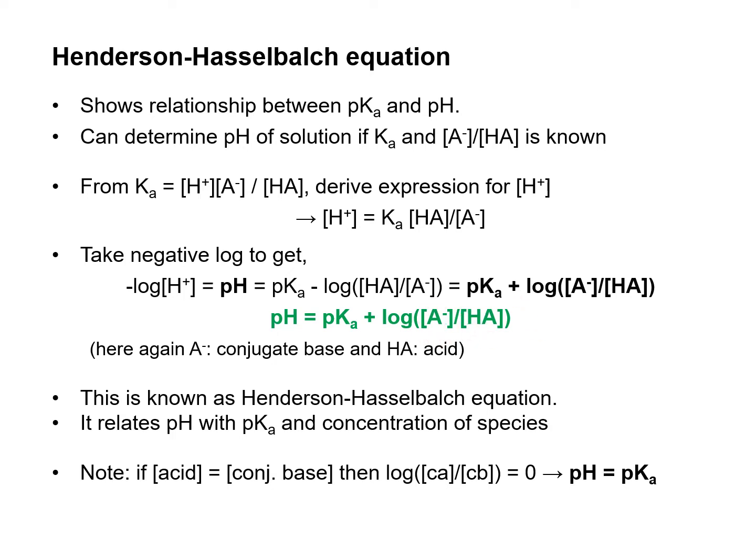And when these two values, the concentration of the acid and the conjugate base, are the same, then the log value will become 0. So that's going to be pH equals pKa.